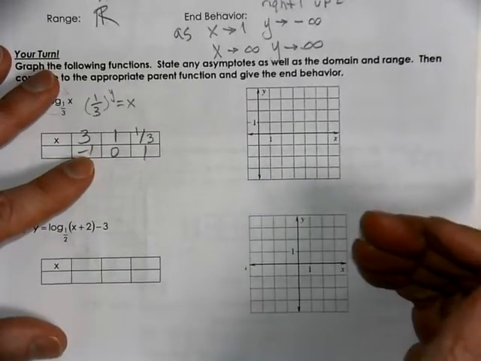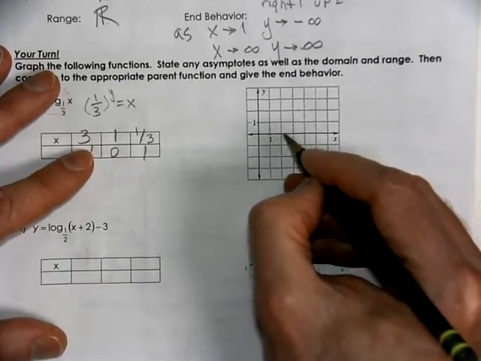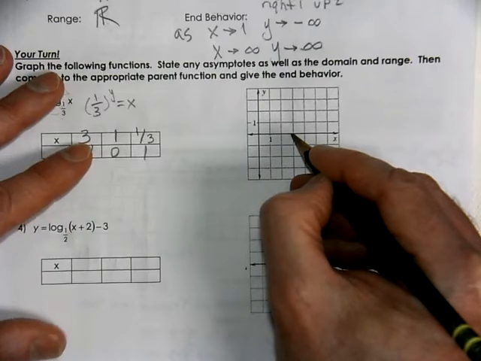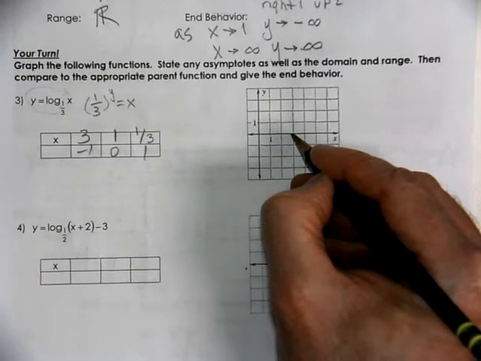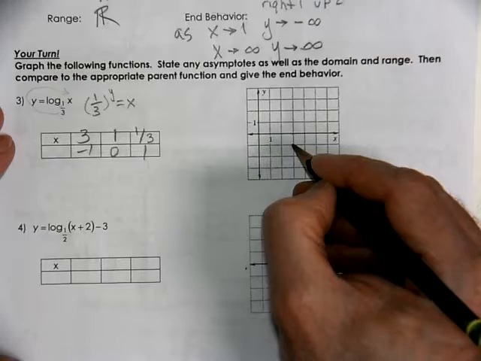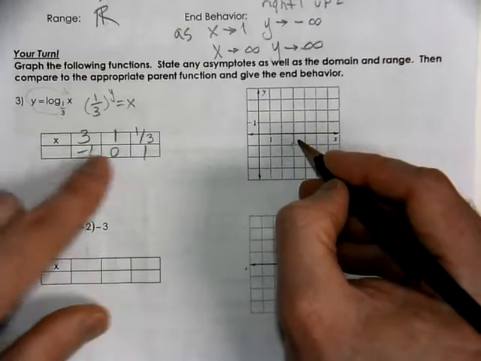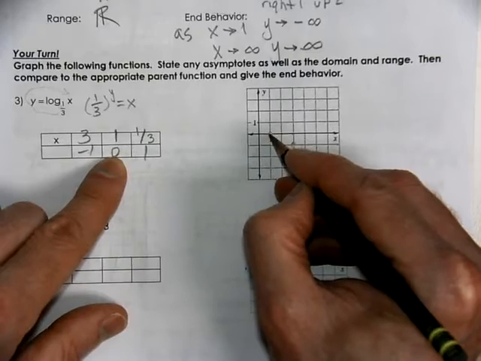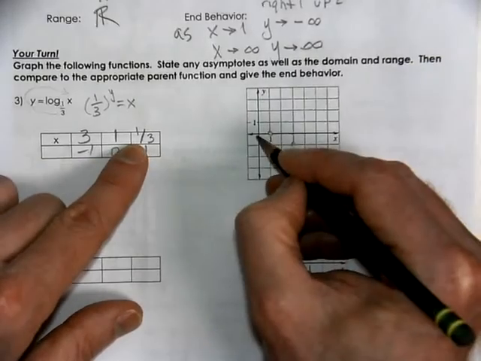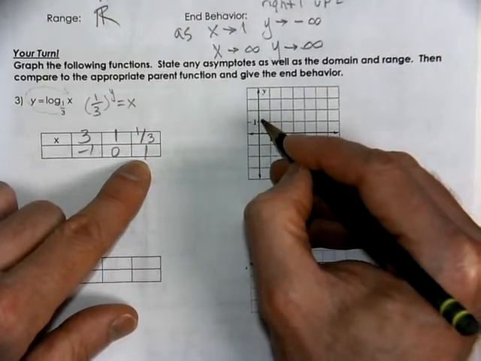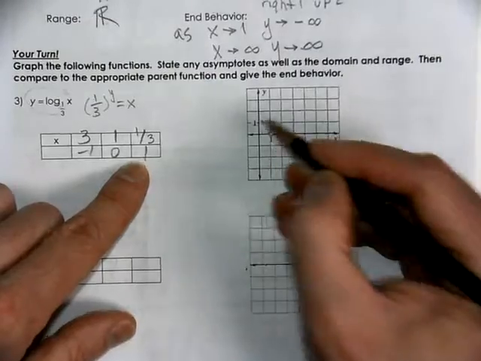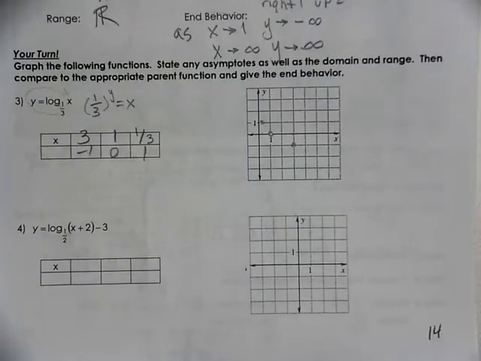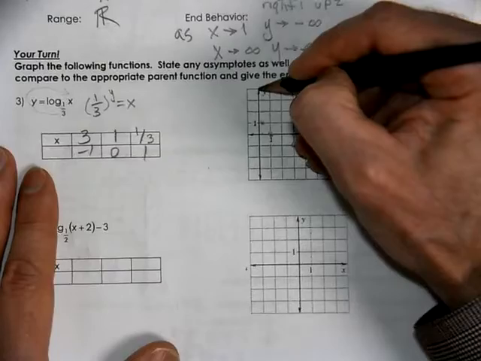So we know how to plot our points. 3 to the right, and 1 down. 1 to the right, and 0, 1/3, and 1.